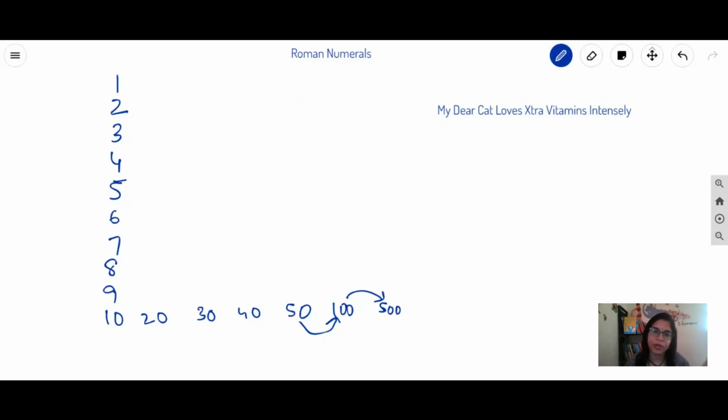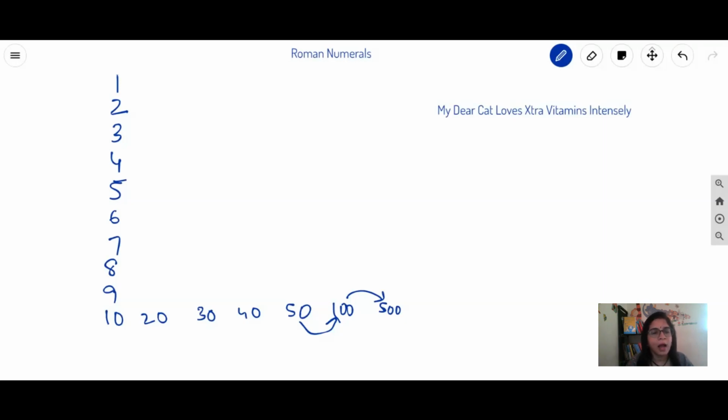And we are trying to write our normal decimal numbers using this way that they were using in the city of Rome in Italy. That's all. Okay.